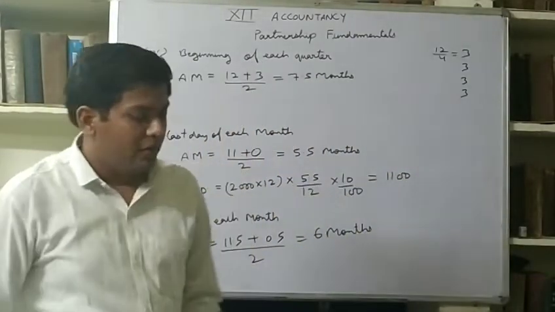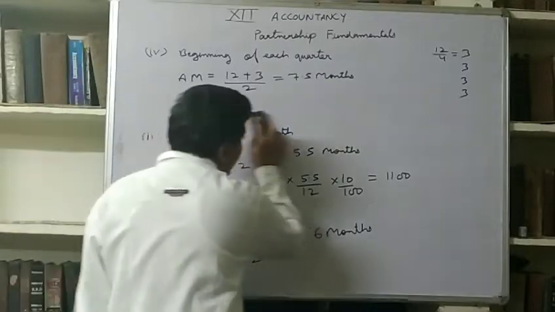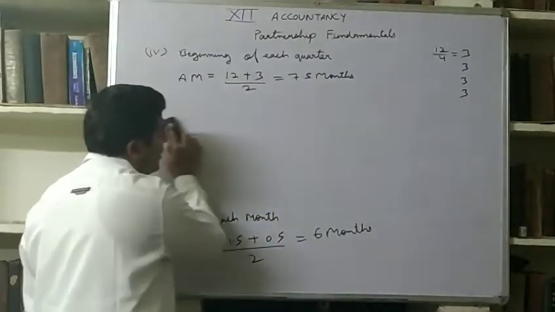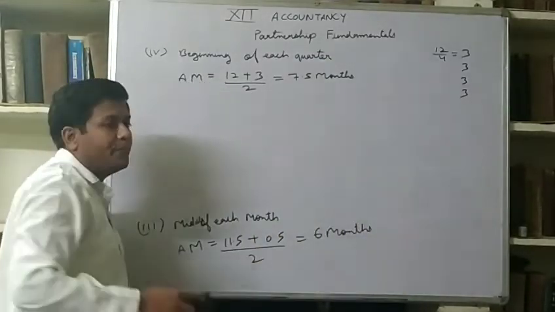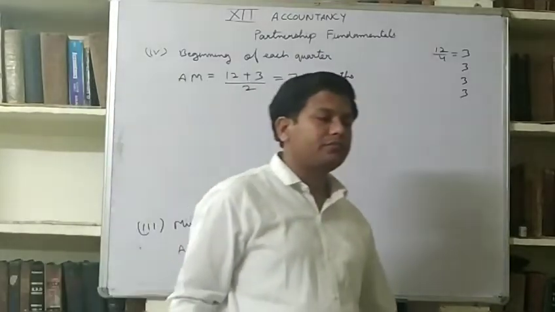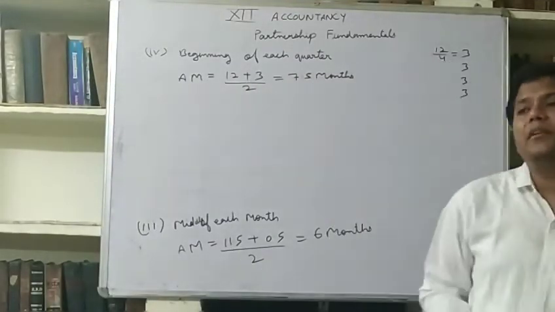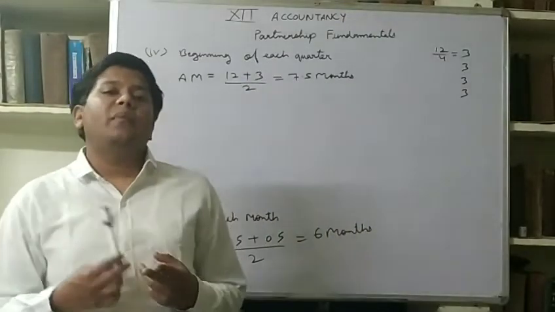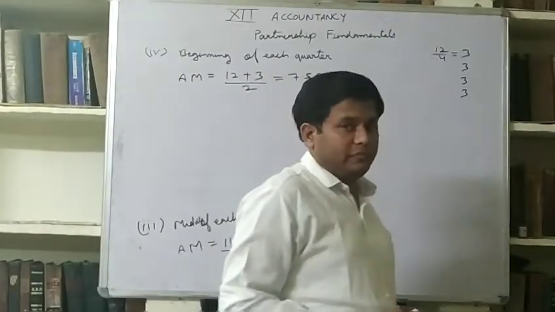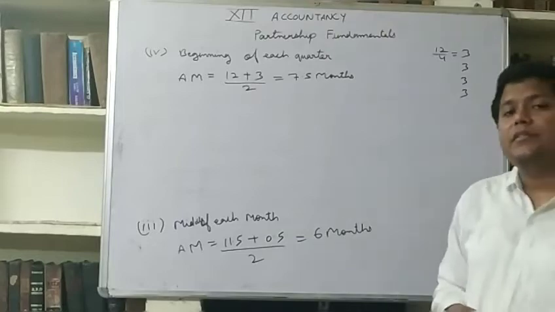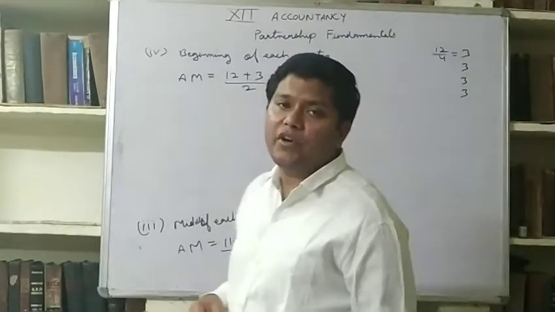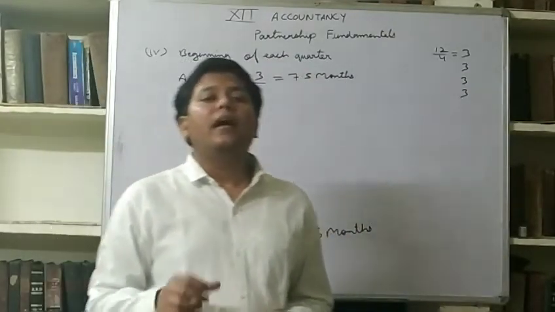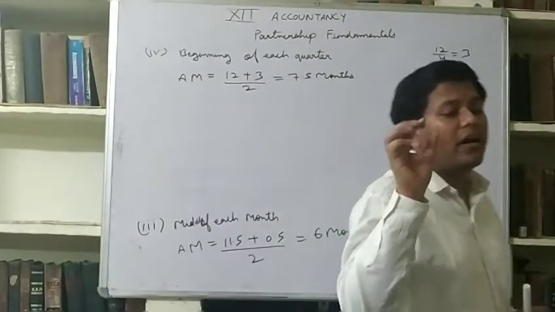Now there is a little bit of difference in calculation also. For example, he is drawing 2000 at the beginning of each quarter. The question is that some partner is withdrawing 2000 at the beginning of each quarter.